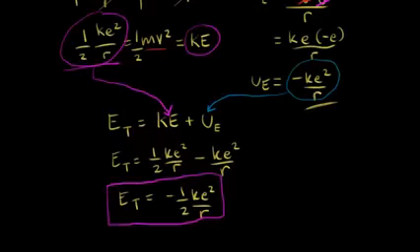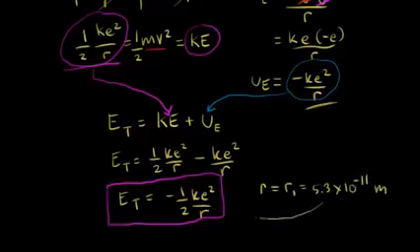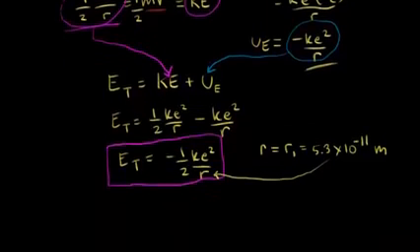All right, let's find the total energy when the radius is equal to R1, what we talked about in the last video. That's the radius of the electron in the ground state. When we did that math, we got R1 equal to 5.3 times 10 to the negative 11 meters, and we're going to plug that value in for this R so we can calculate the total energy associated with that energy level.